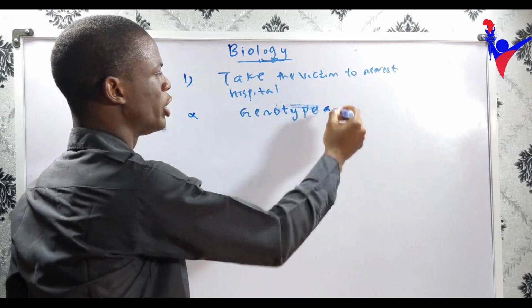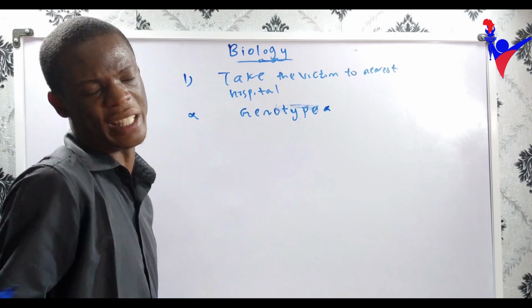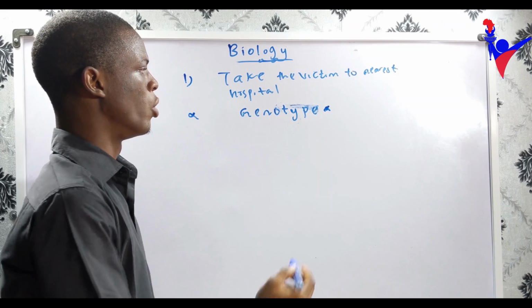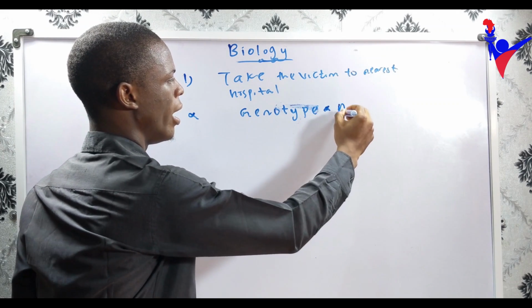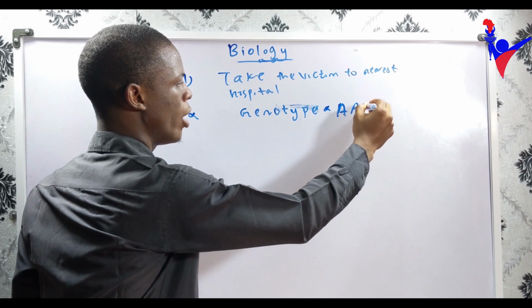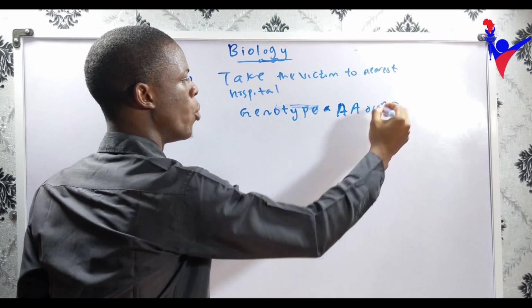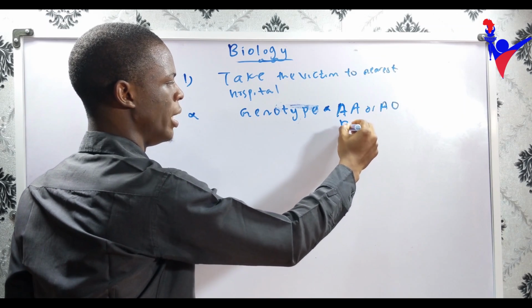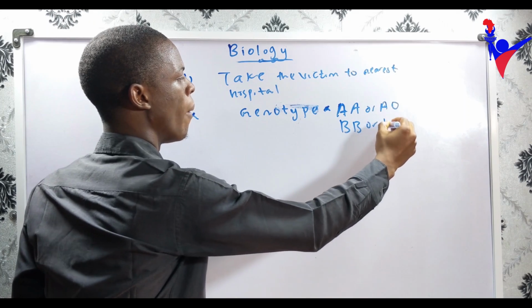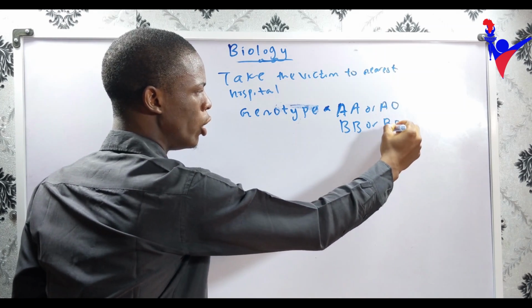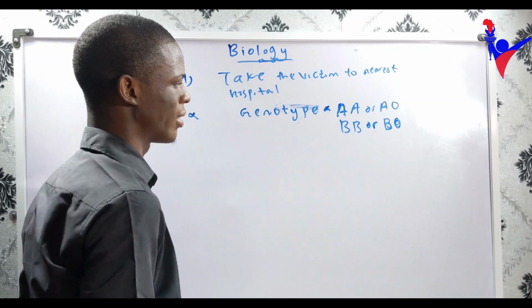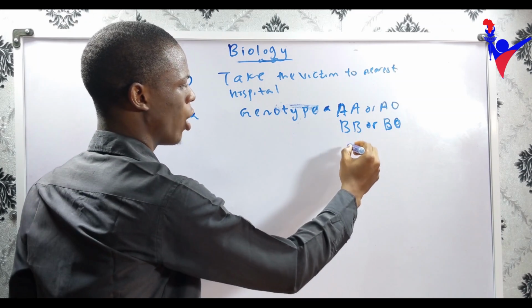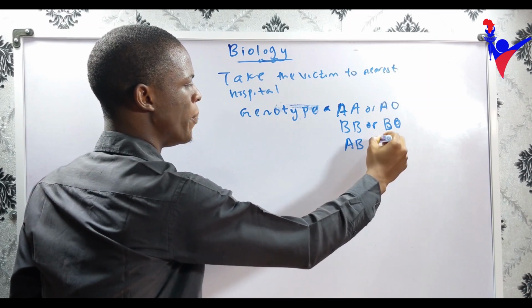We have 6 genotypes, which are your AA or AO. We have the B, BB or BO. All these are what you learn when we start our classes. We have the other genotype, which is your AB.